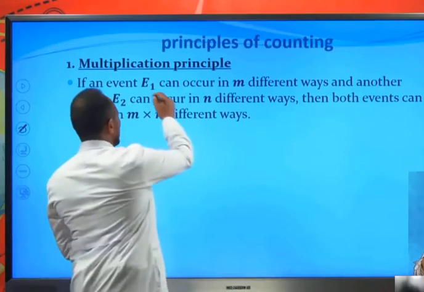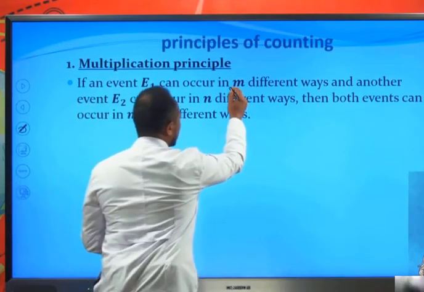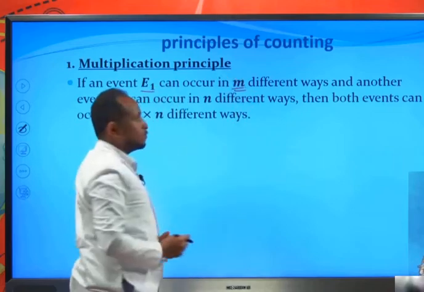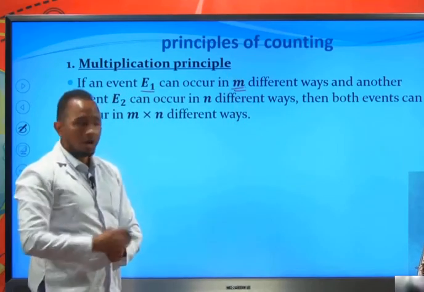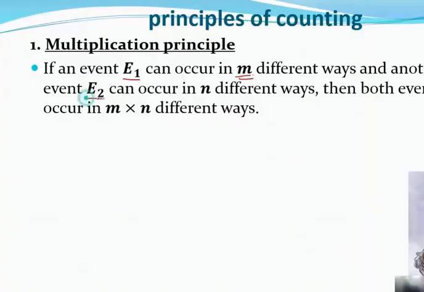If an event E1 occurs in m different ways and another event E2 occurs in n different ways, then both events together occur simultaneously in m times n different ways.